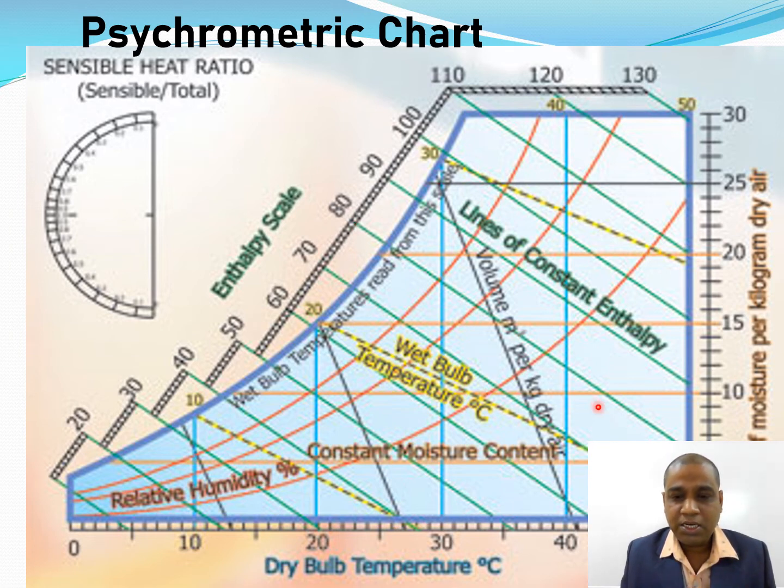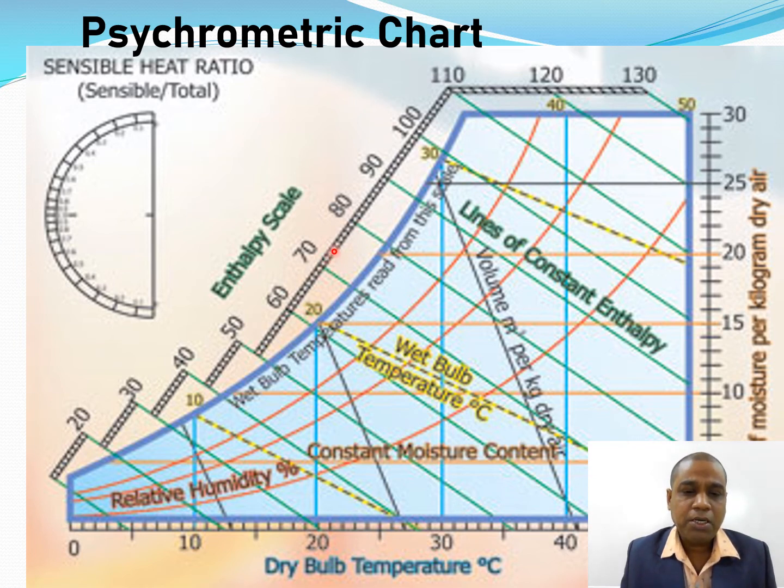Similarly, this is 80, and in between 70 and 80, suppose one line comes in between. Approximately, we have to measure the length and calculate to what extent it is advanced, so that in the same ratio we have to advance the enthalpy.